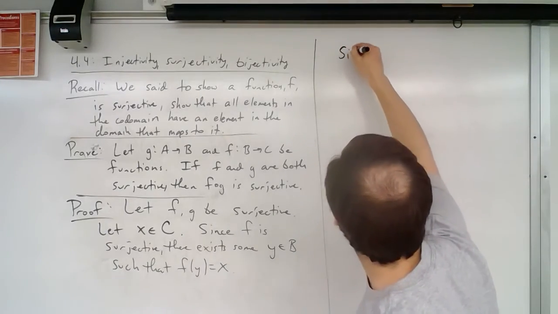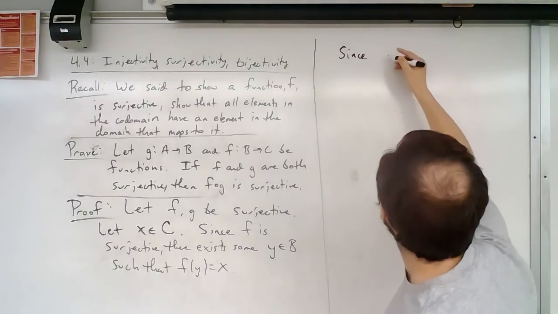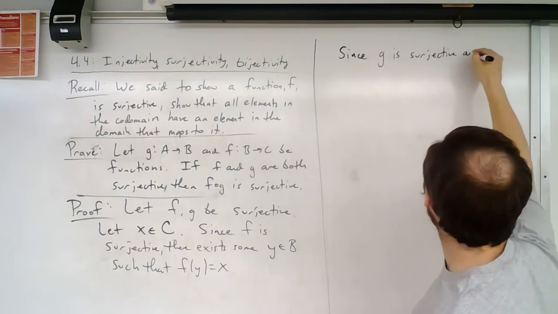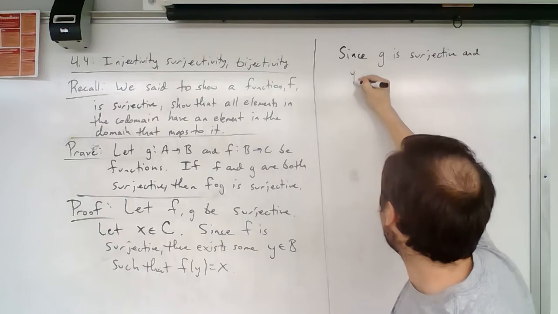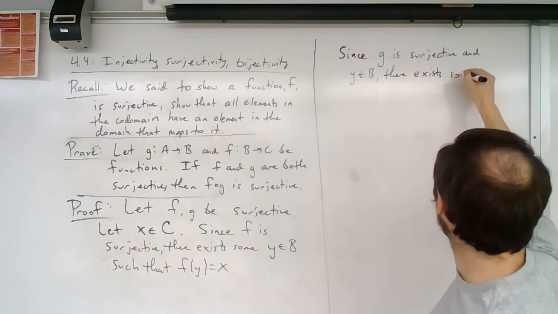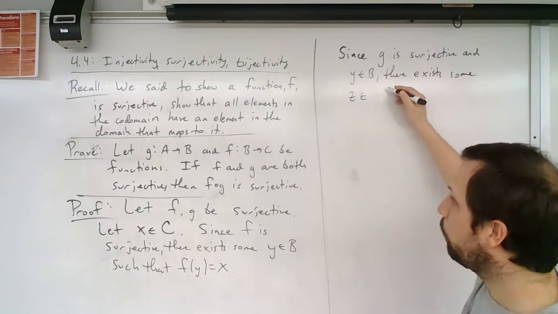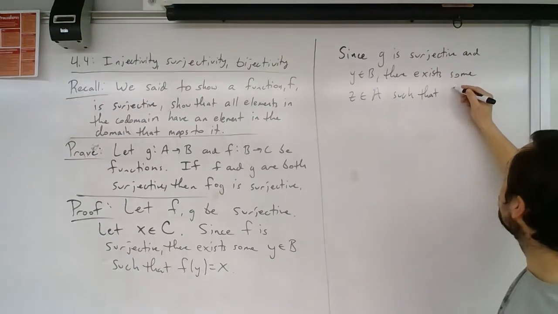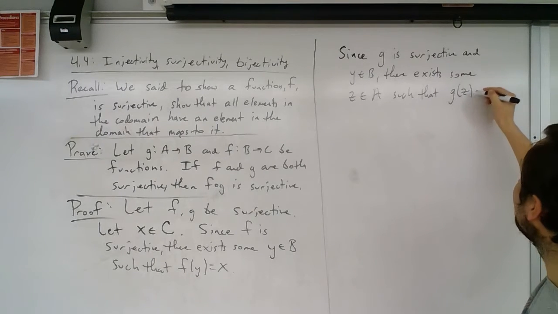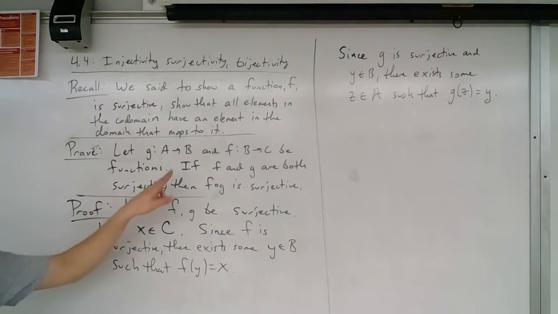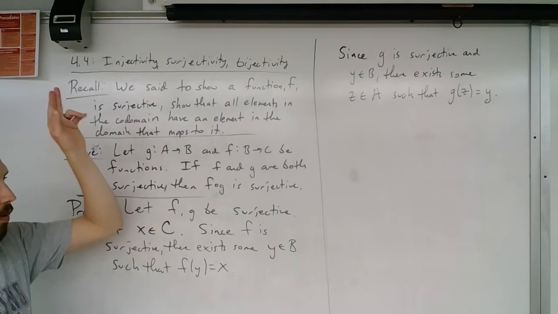So since G is surjective, and Y is an element of B, there exists some Z which is in our set A such that G of Z is equal to Y. So if we look at the codomain of G, we know this is surjective.